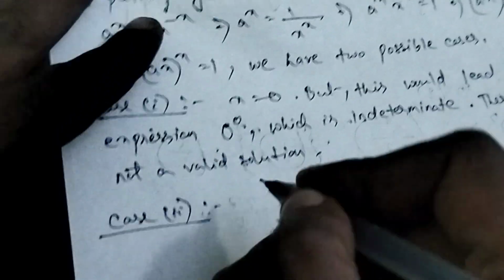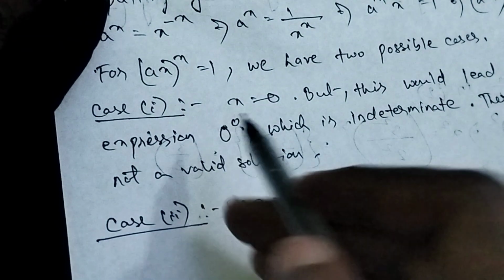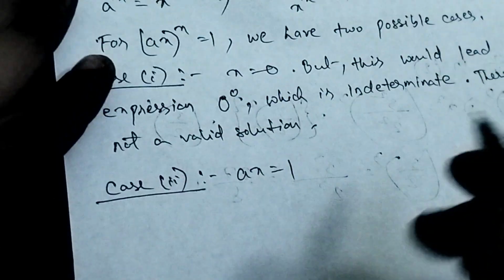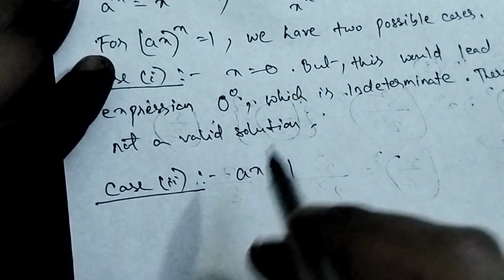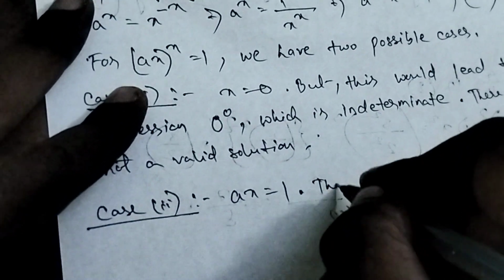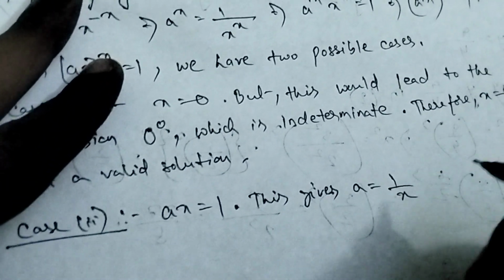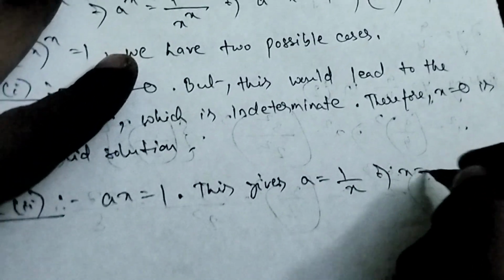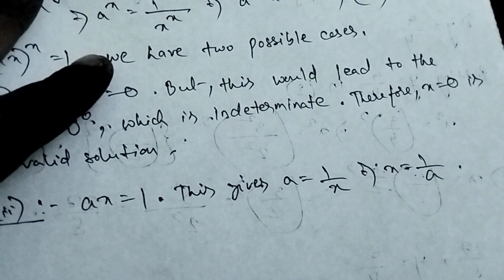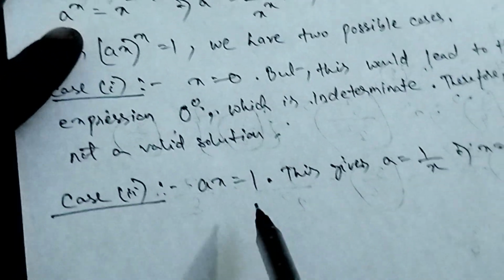The second case can arise if ax itself is 1. If ax itself is 1, then 1 to the power x is also 1. So this case also arises, and if this is the case, then this gives a is equal to 1 by x. That means x is equal to 1 by a, right? x is equal to 1 by a. If y is equal to minus x, then this case arises.